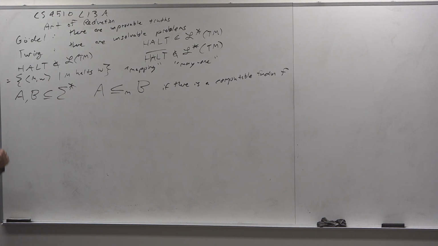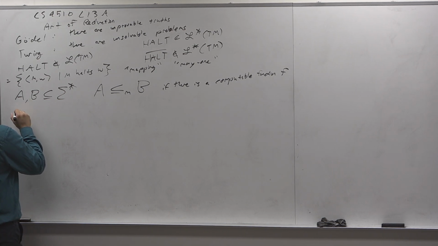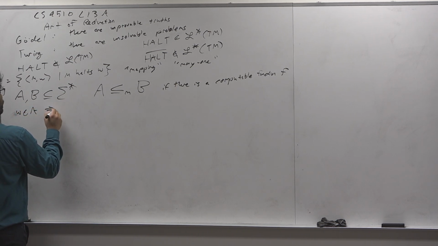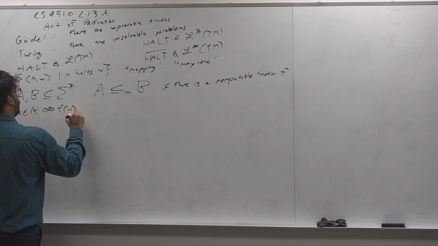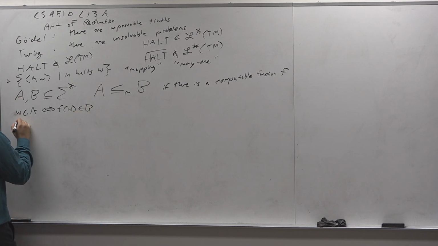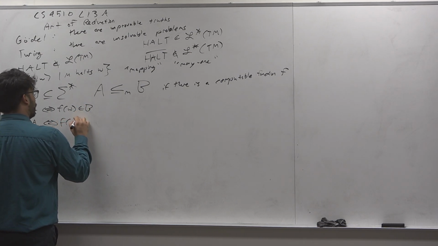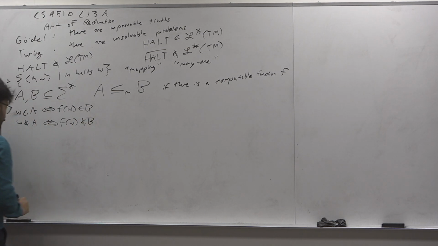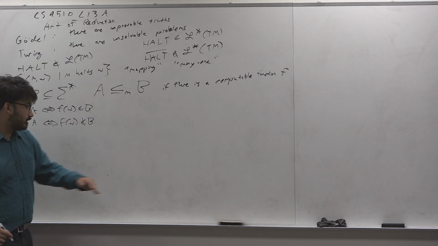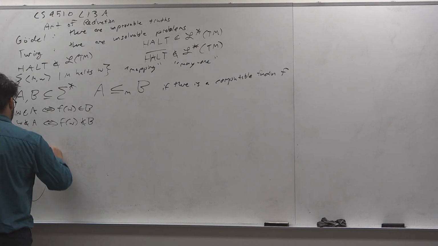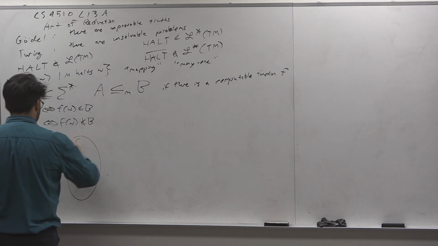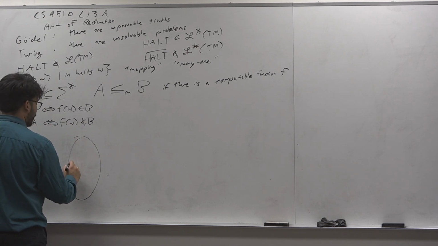There is a Turing machine that halts at all inputs to compute the function such that w is in A if and only if f of w is in B. And analogously, w is not in A if and only if f of w is not in B, right? The picture you should always have with these kinds of reductions is you go from good to good and bad to bad, but they need not be surjective or anything.